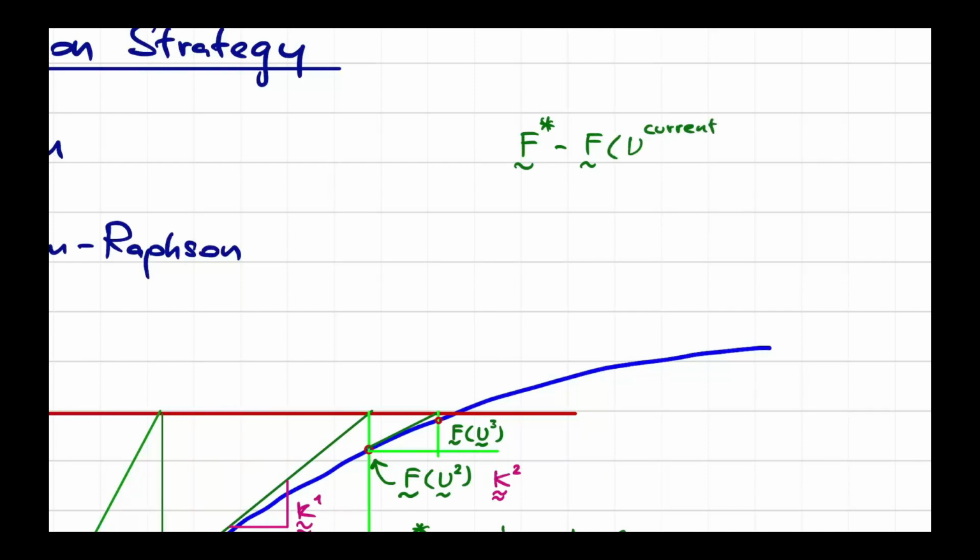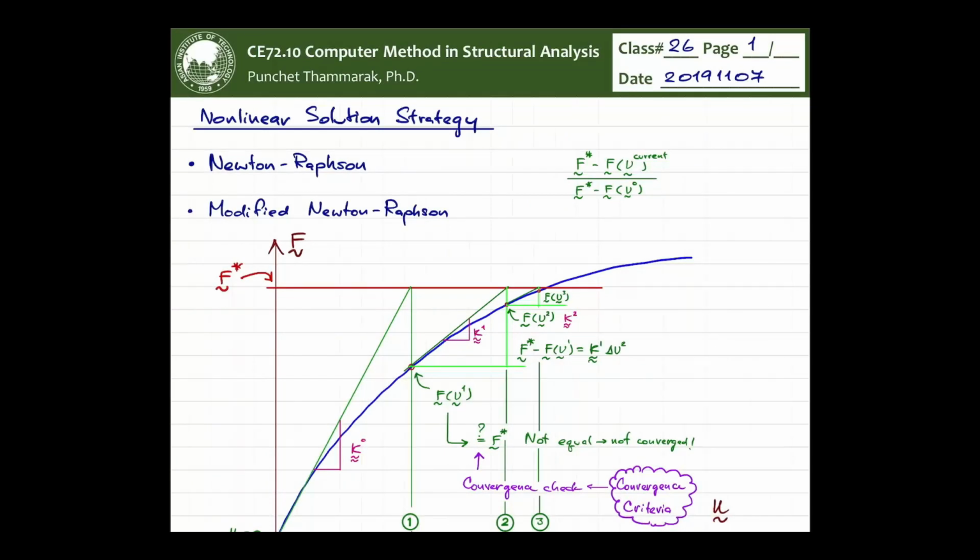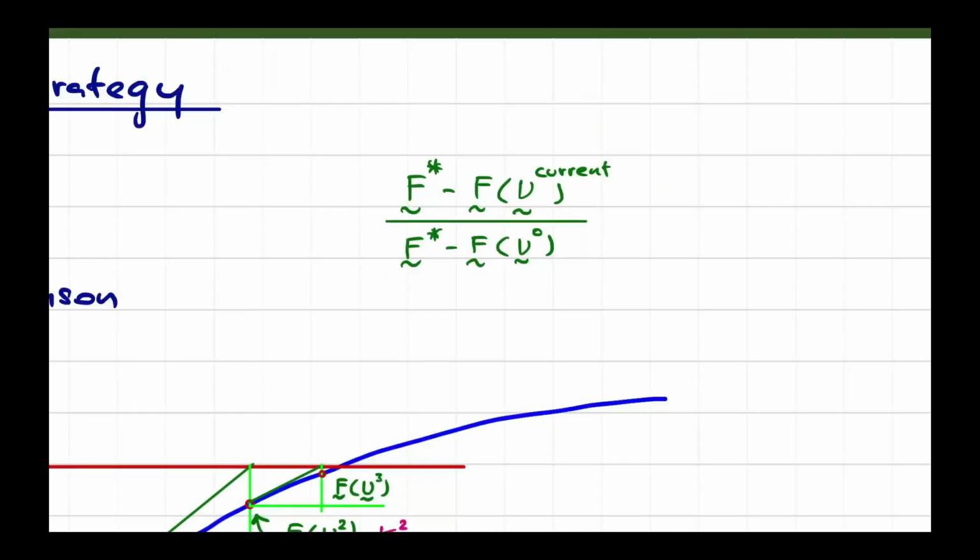So I don't know which step you need to take, but okay, I just say that it is the U current, and then F star minus F at the first step, which is the U 0 or 0 basically, and see if this is satisfying the convergence criteria or not.